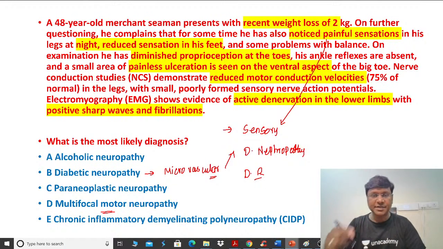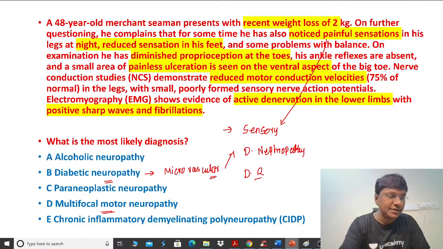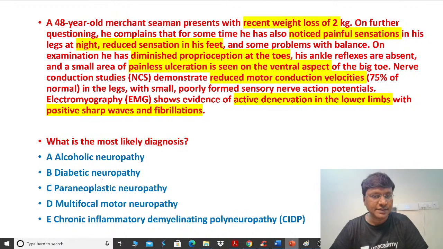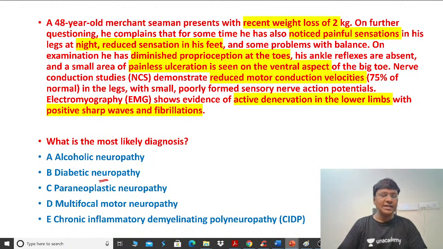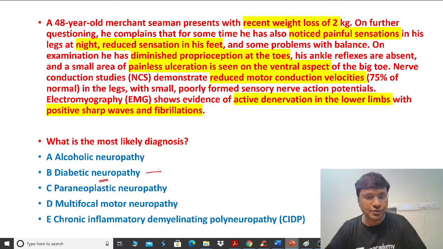So what this particular patient is having is diabetic neuropathy. Now we have various forms of diabetic neuropathy. Can anyone tell me what is the most common type of diabetic neuropathy? Any one of you please?